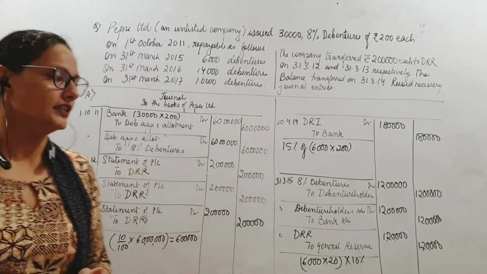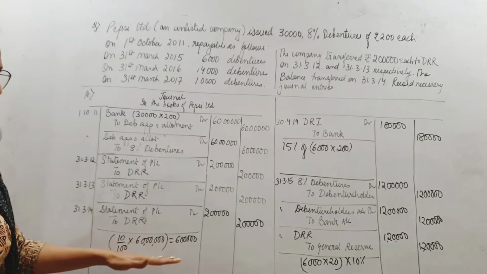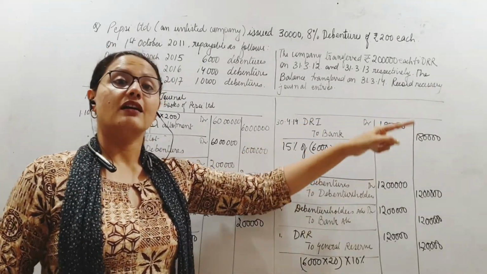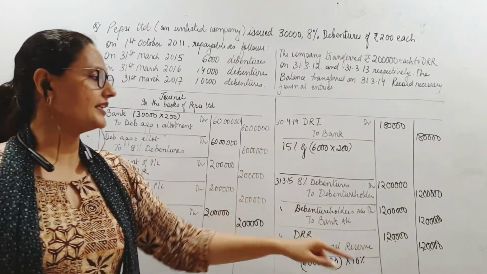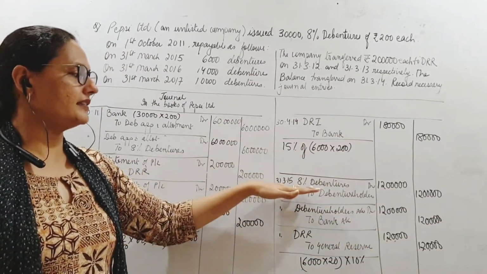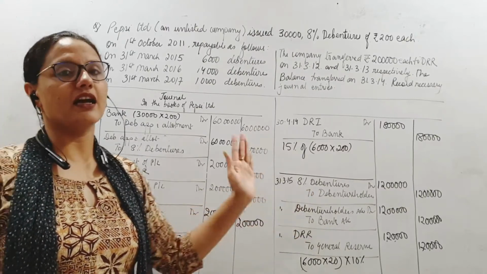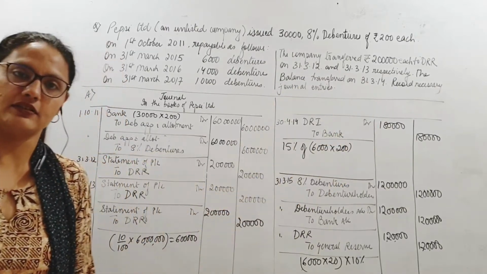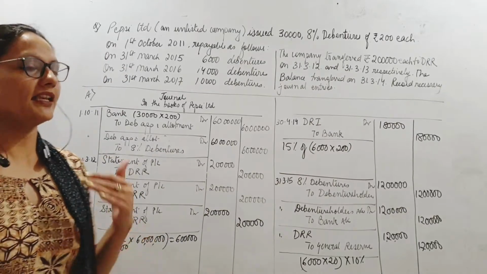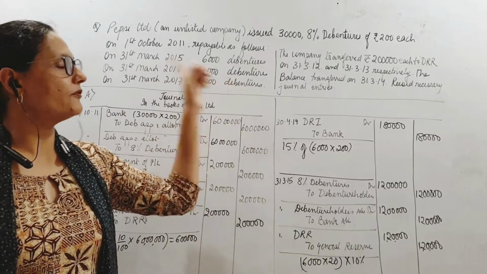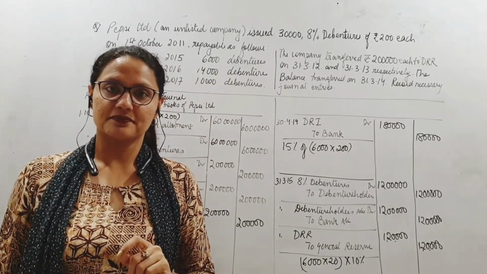What did we do? We are ready with DRR on the whole amount, total outstanding debentures, DRI on the amount of debentures to be redeemed immediately in this year, and then this amount due, amount paid, DRR transferred to general reserve. Fine. Let us see how these entries will appear in the next year when we redeem 14,000 debentures.